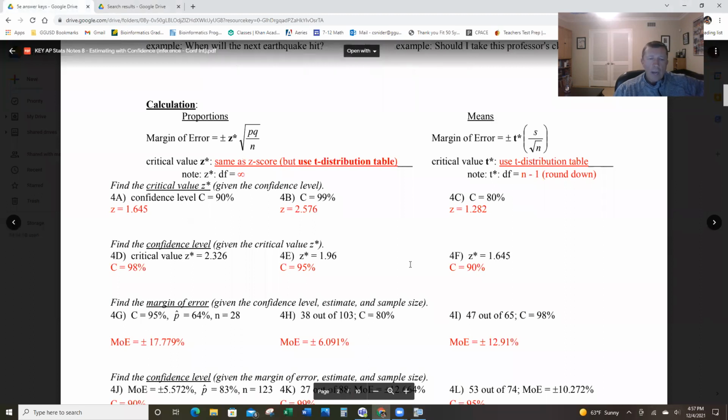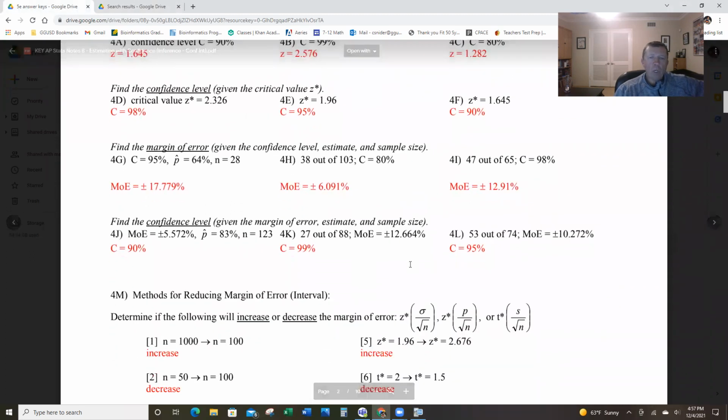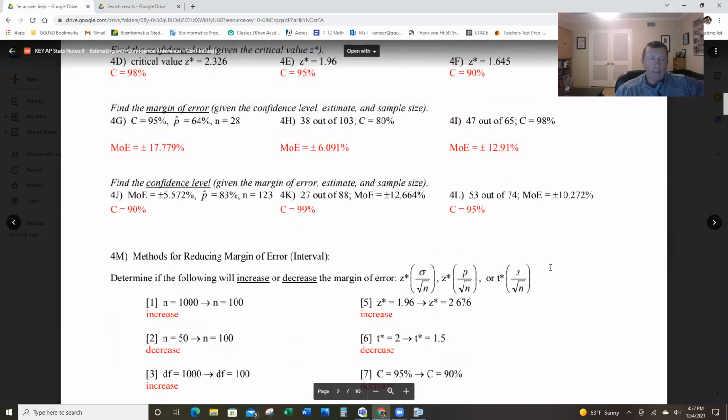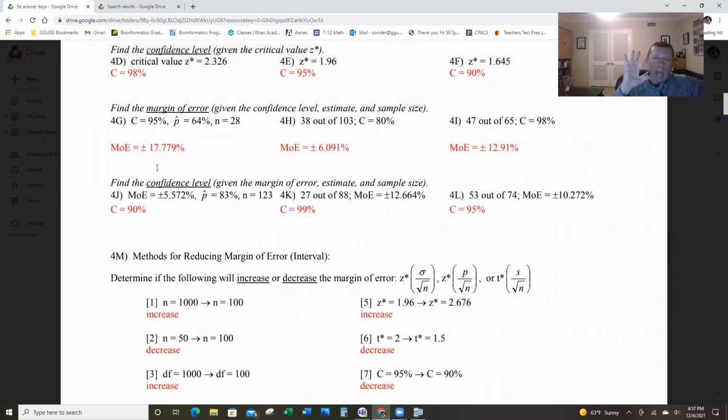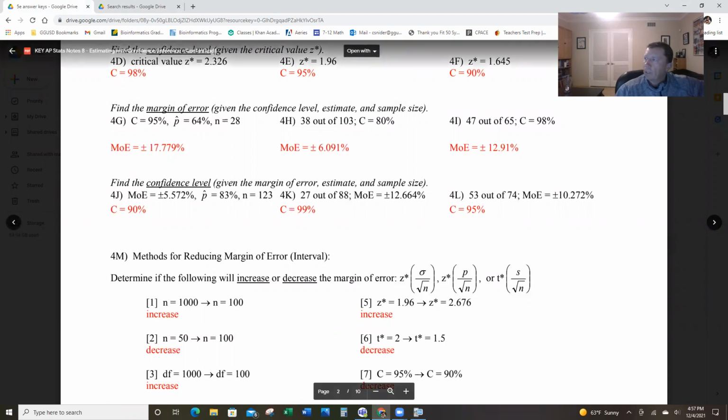All right. Now, we're going to go ahead and do some calculations. We're going to calculate just the margin of error. That's the part after the plus or minus. So let me do this again. It's p hat plus or minus z star times the square root of p hat times 1 minus p hat, which is called q, over n.